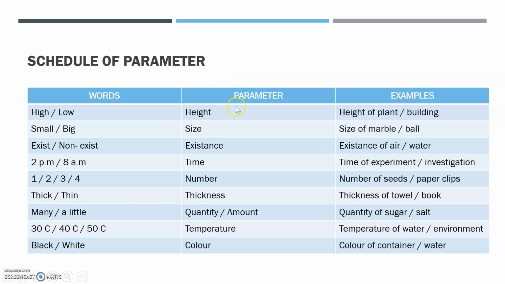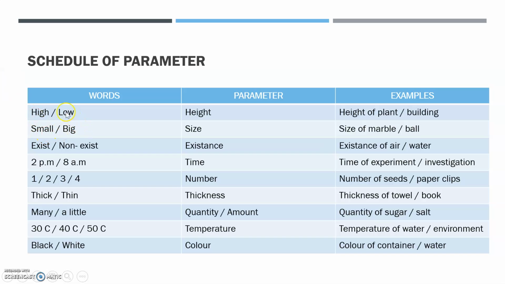So the suitable parameter is height. Example, height of plant, height of building. Height refers to the parameter, plant and building refer to the object. So there is an "of" in the middle. The word "of" is in English. In Malay it is easy: ketinggian tumbuhan, ketinggian bangunan. There is no "of" in front or in the middle.